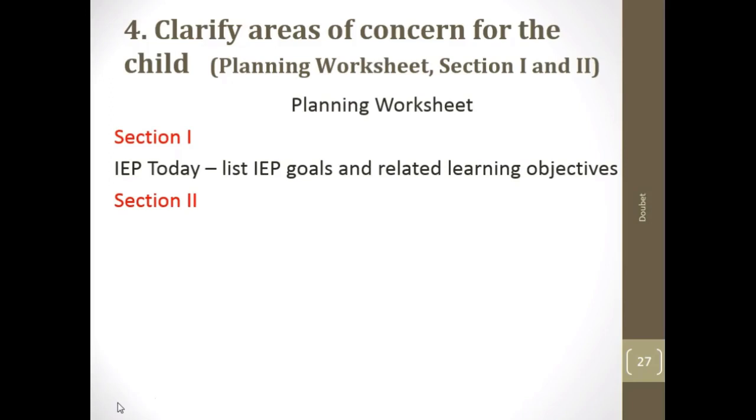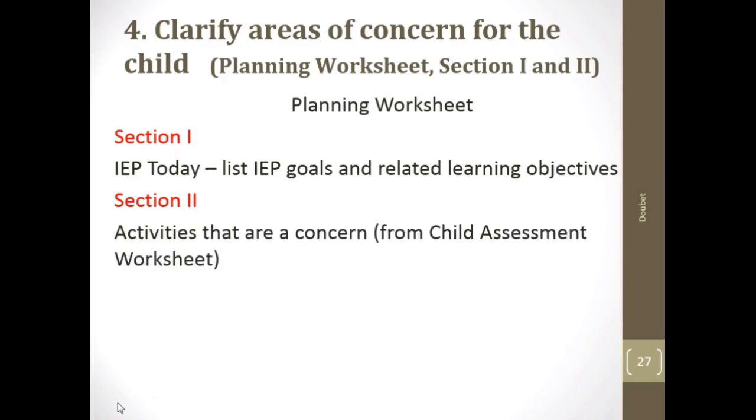The IEP today is on page 40 in your Building Blocks book. And you can see that it is filled out for you, for Drew. And I'm actually going to move to that page right now. But just to let you know, that's where you list your IEP goals and your learning objectives.